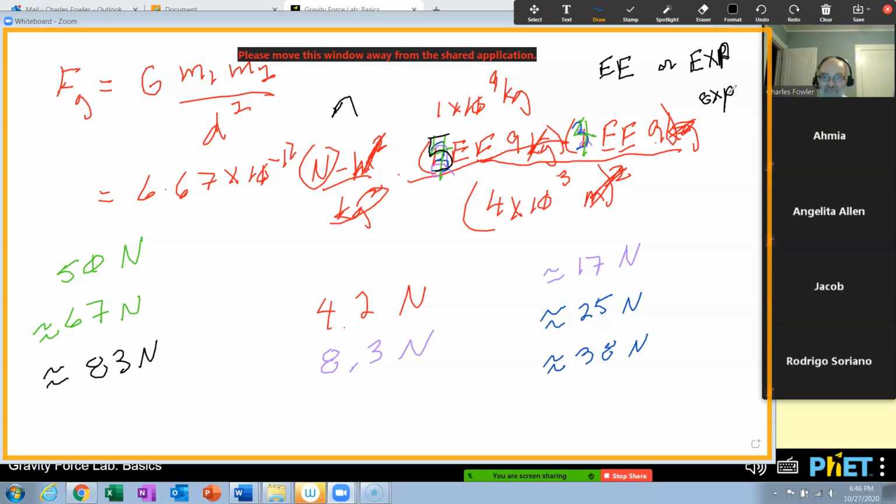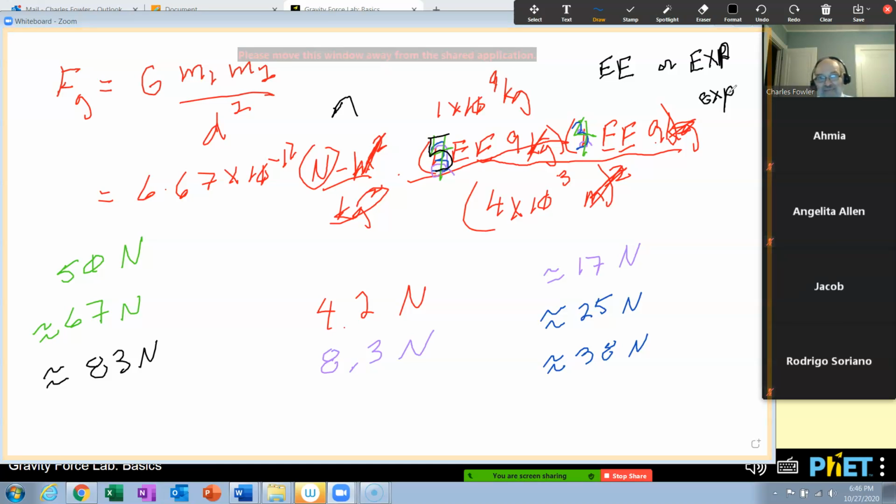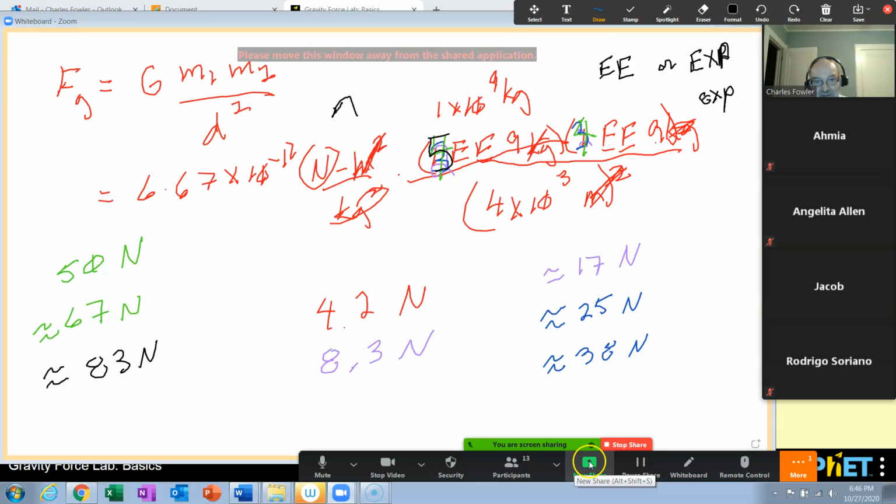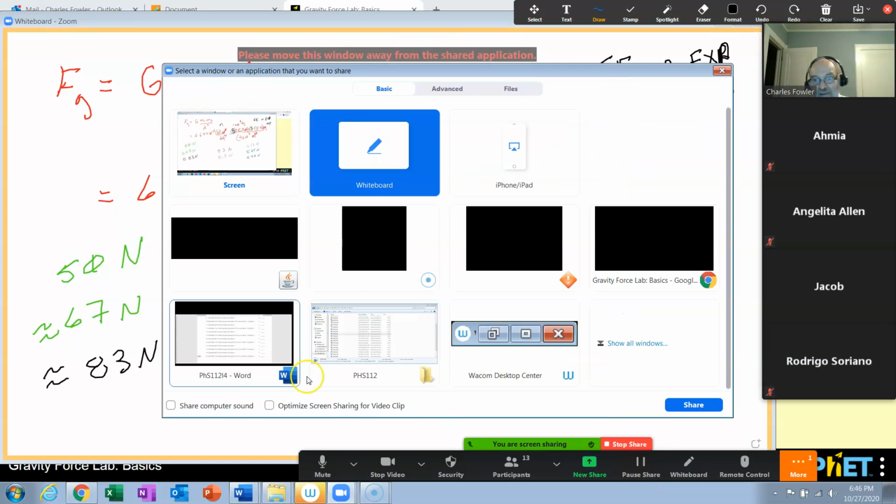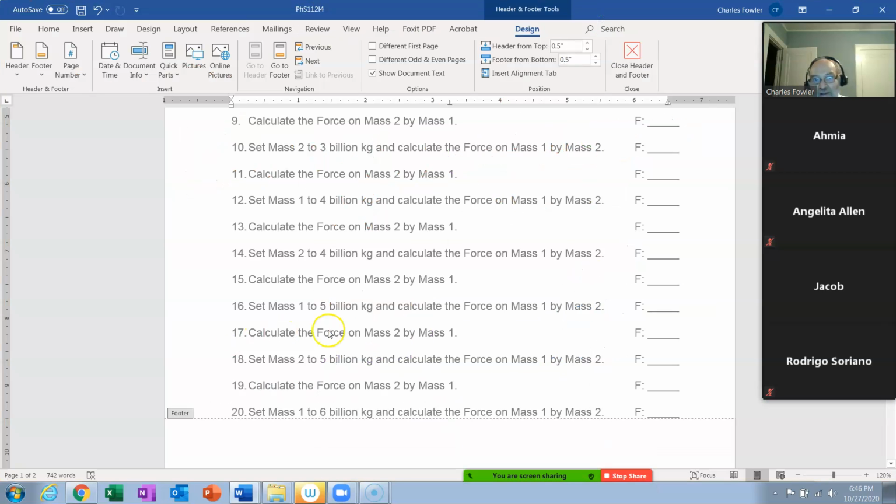So that's basically the purpose of the lab, because we're doing the same thing over and over again. Okay. So now we go to increase set mass 2 to 5 billion kilograms. So we're on number 18 now, right?